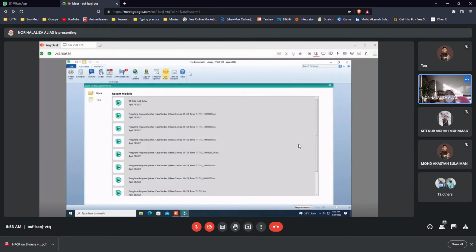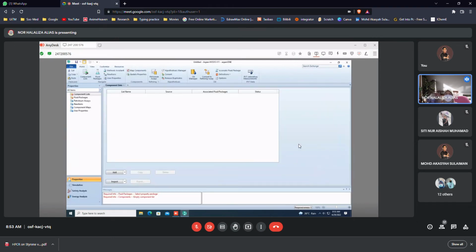So this is what you're going to have, and since we are going to do new exercises, you just click new. What you can see is that at the left hand side, you have the component list.